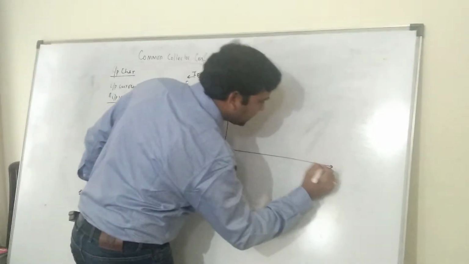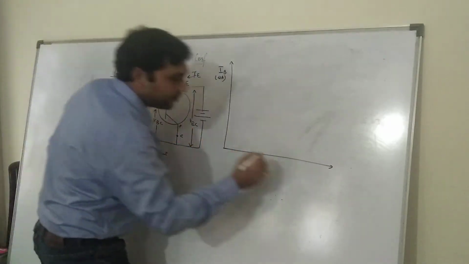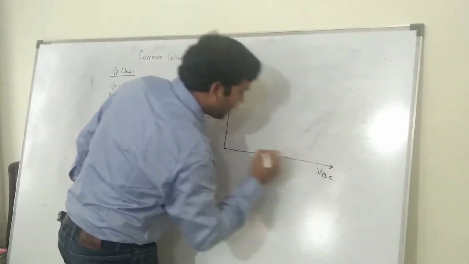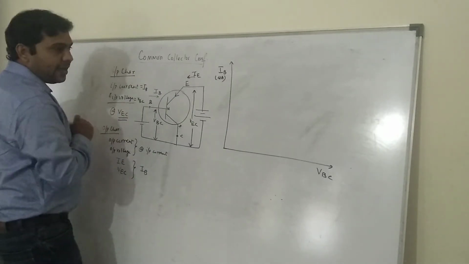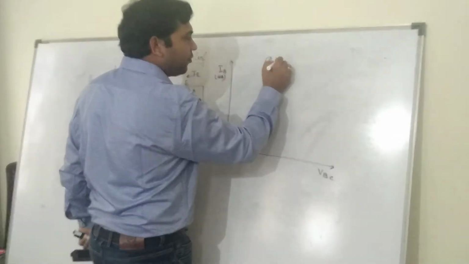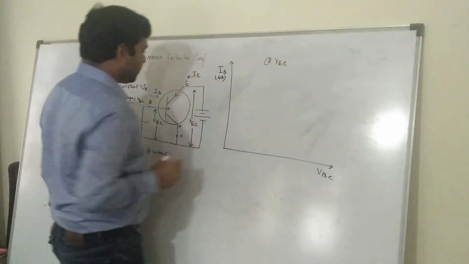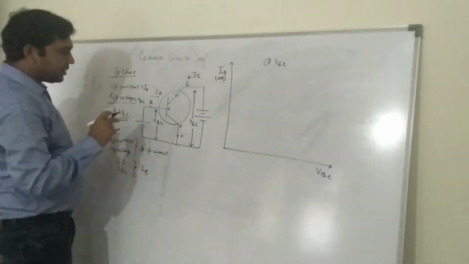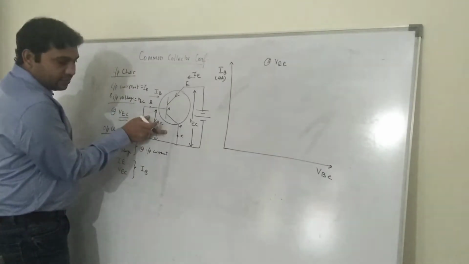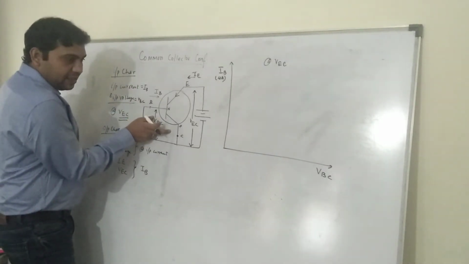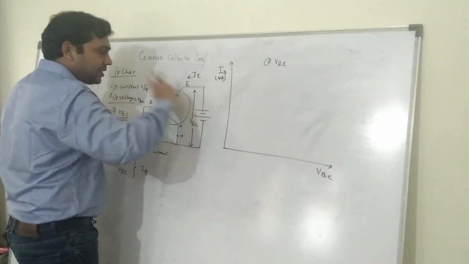Input voltage is VBC at constant VEC. At constant VEC we need to plot. So what we are plotting is IB with respect to VBC at constant VEC.